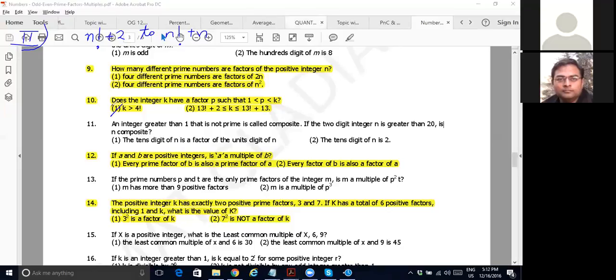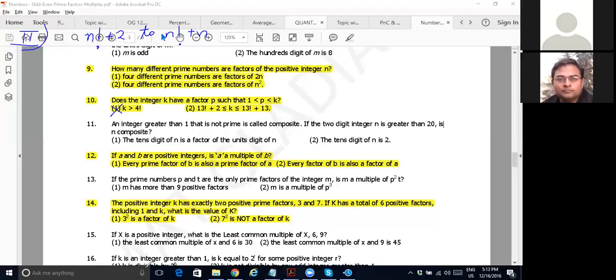And then the second statement says 13 factorial plus K lies between 2 and 13 factorial plus 13. Okay, let me just try and understand what this is saying.